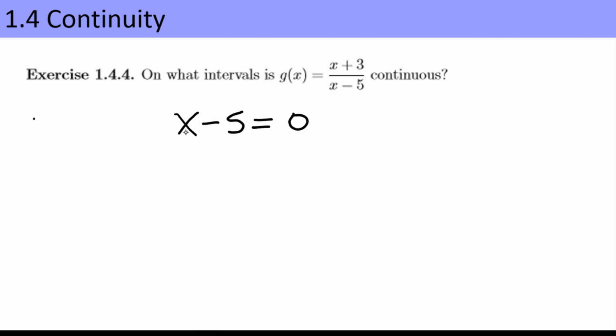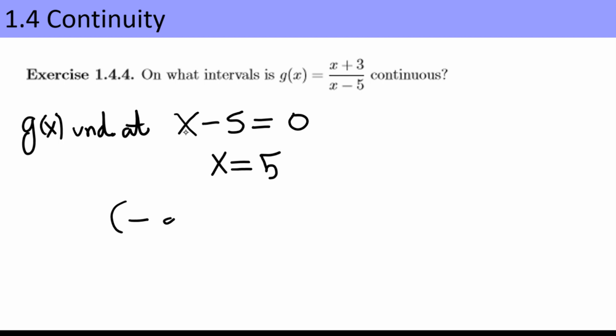So we'll say g of x is undefined at x minus 5 equals 0. Solving, we get x equals 5, and so the interval notation would be negative infinity to 5, not including 5, union 5 to positive infinity. This notation picks out x equals 5.